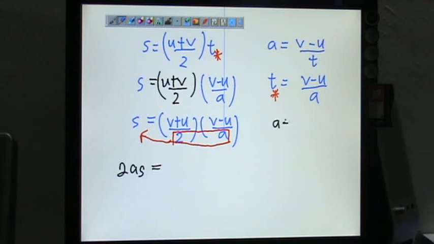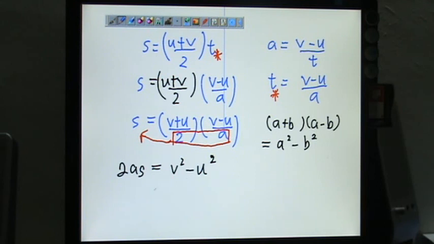Do you remember your study of lower secondary, a plus b, a minus b equals a squared minus b squared? If you remember this, then you know that this is actually v squared minus u squared.